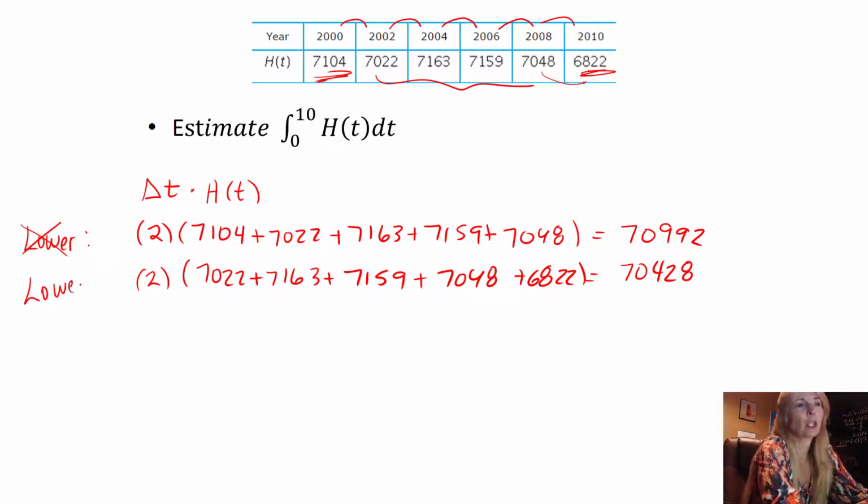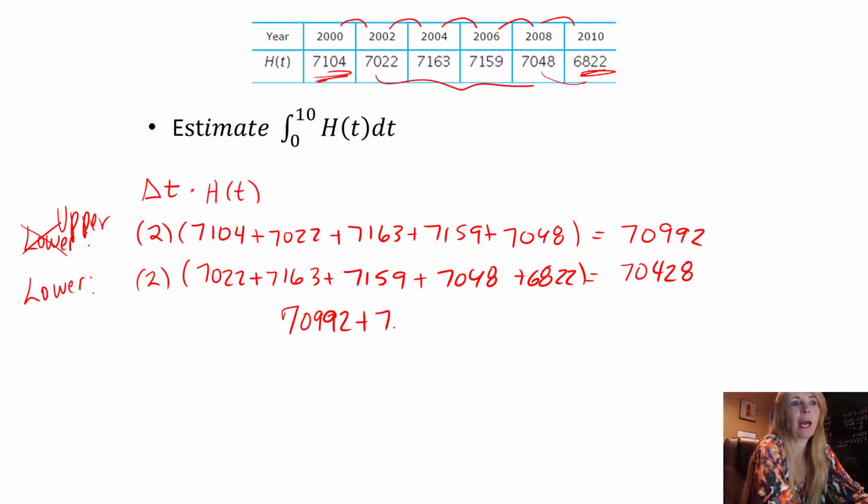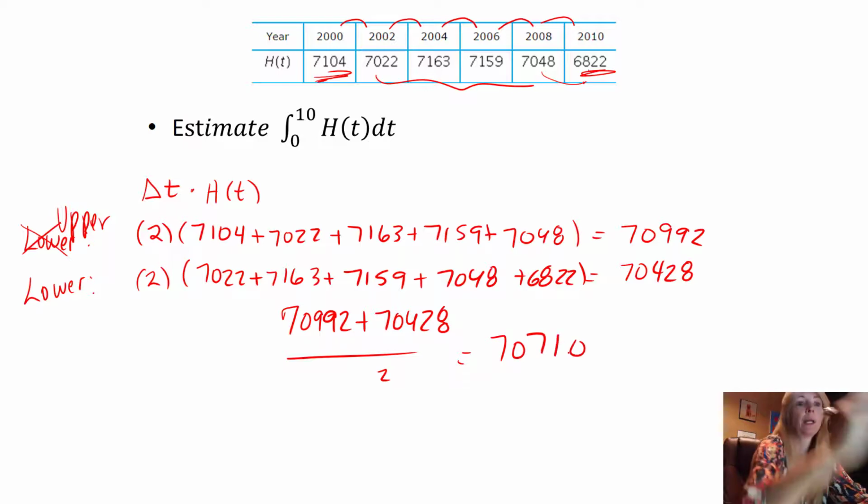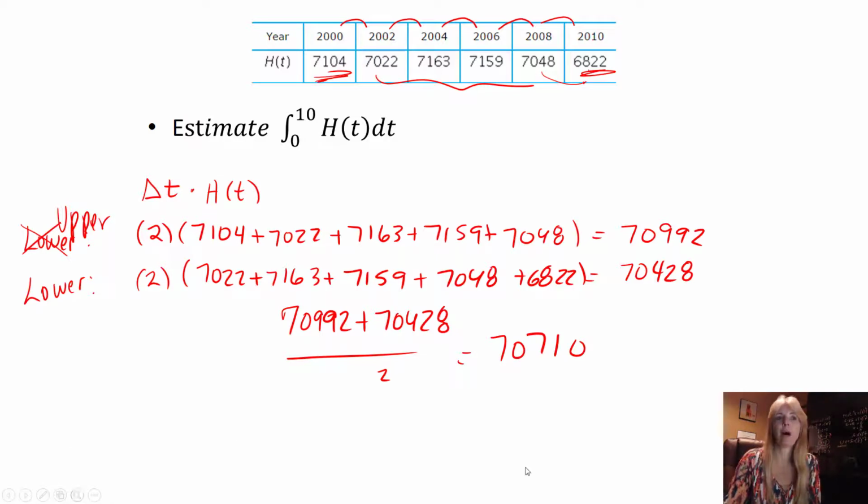So this is actually my lower, and this is where I was saying if you're not sure, you can just do both of them, and whichever one's your larger value is your upper. And then to estimate this, I would just simply average these two values, and I get 70710, okay? And again, this information is my total amount.